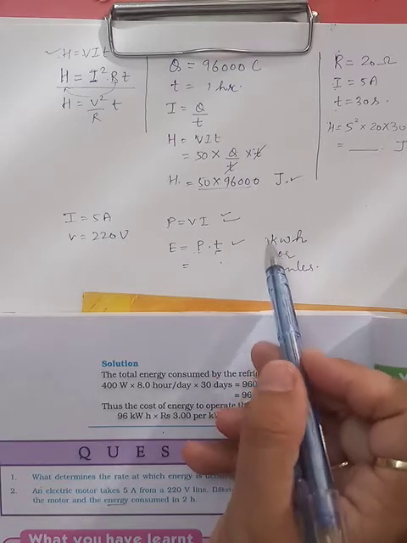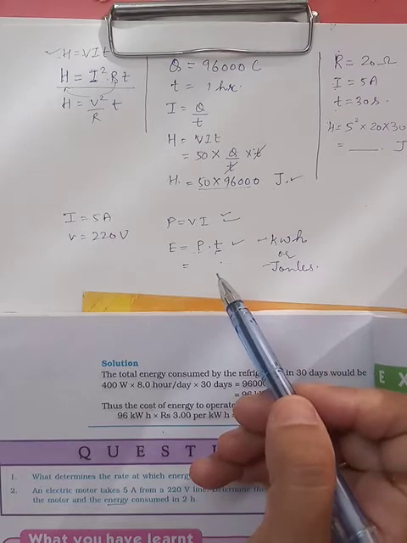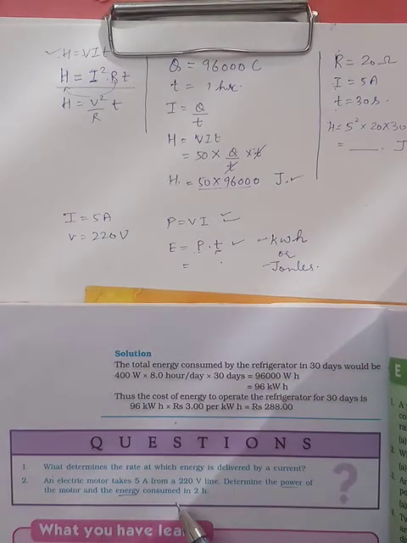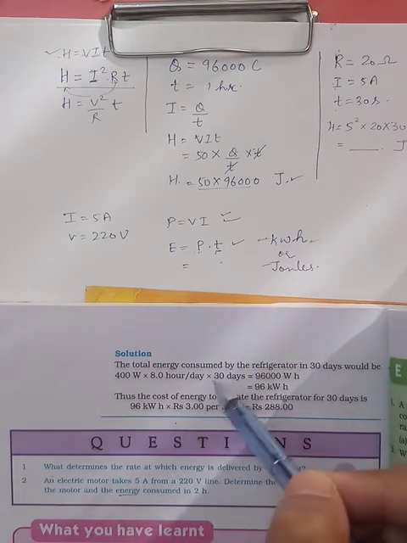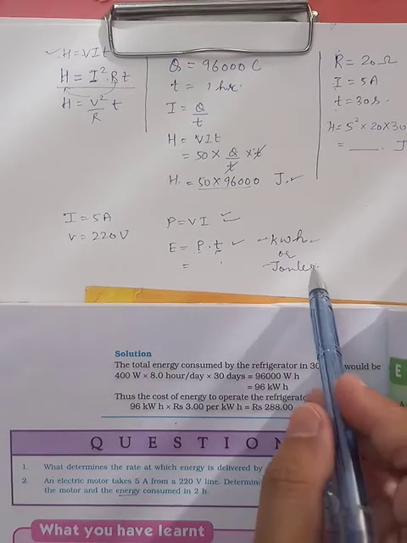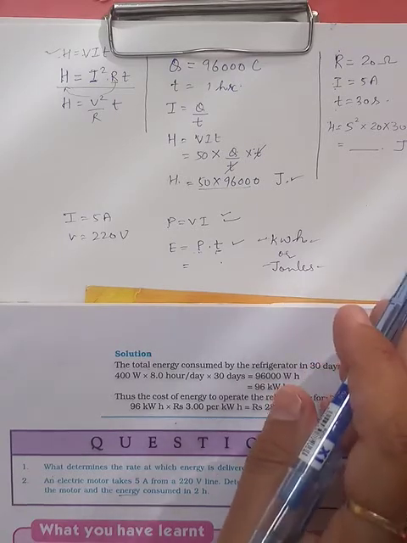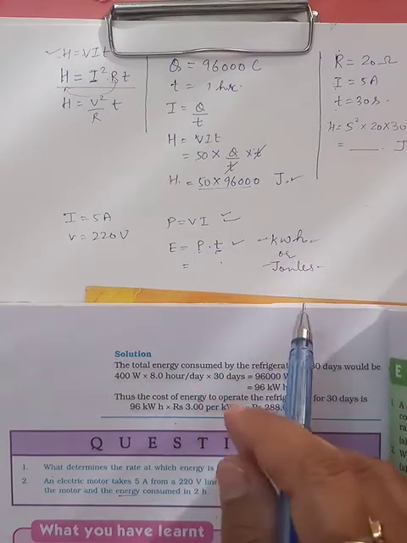Whichever is comfortable, we can do that, because in this question it is not specified in what unit you have to give the answer. If it is specified that you have to give the answer in kilowatt hour, then you have to find it in that, and if it is specified in joules, then you have to convert into SI units, right?